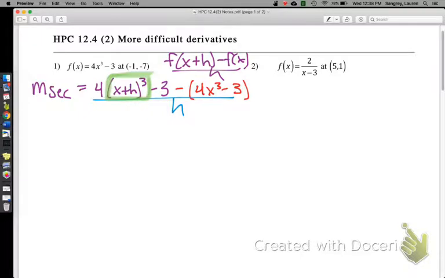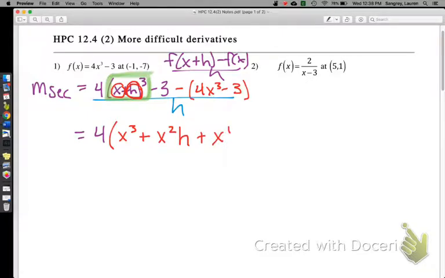Okay, so we have x plus h being cubed. So I have the 4 in front, and now I'm going to start cubing. So the first term is an x, so that gets the highest exponent, which is a 3. Plus, that x term starts to decrease its exponent, while the second term starts to increase its exponent. So now it has an exponent of 1.